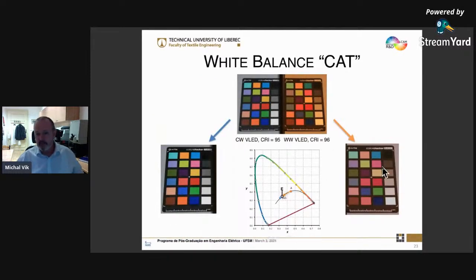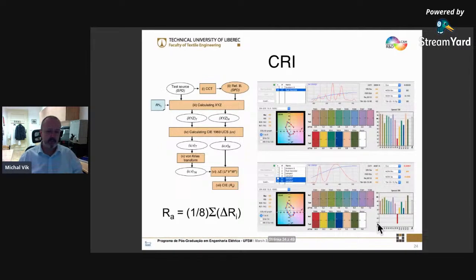You can see here that still after adaptation the colors are different, are not the same, because this adaptation is insufficient and also is based on the quality of the used light source. On the right side, you can see a typical evaluation of some light sources. Here is a tri-band fluorescent. Here is a typical blue-pumped white LED as an example.